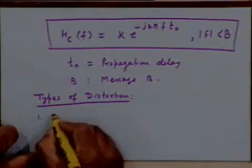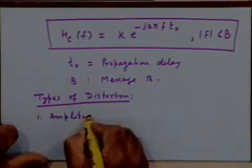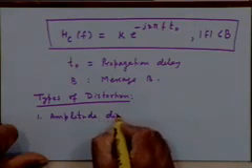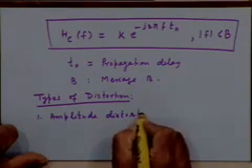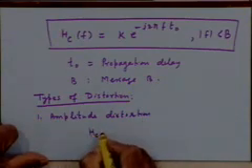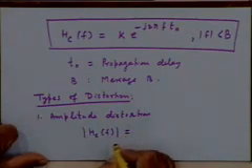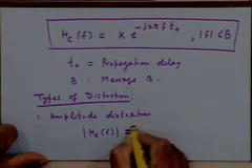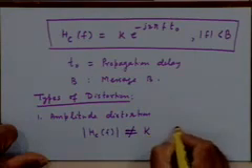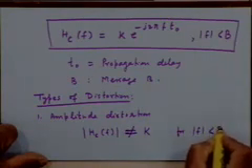We are talking about linear distortion here. One is called amplitude distortion, and this arises when the condition that the magnitude characteristic should be constant is not satisfied over the bandwidth of interest.